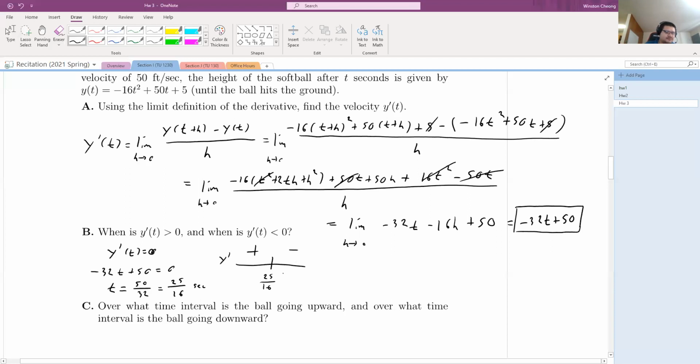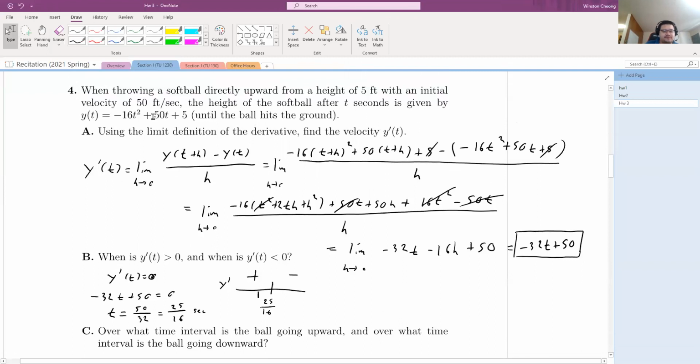and you'd kind of be technically wrong because this is a real world problem. If you actually read the details, it's a softball that's being thrown, and there's a bit of a clue that at some point it hits the ground. Well, this complicates matters because then we have to think, when does y equal 0? When does this function y of t equal 0?